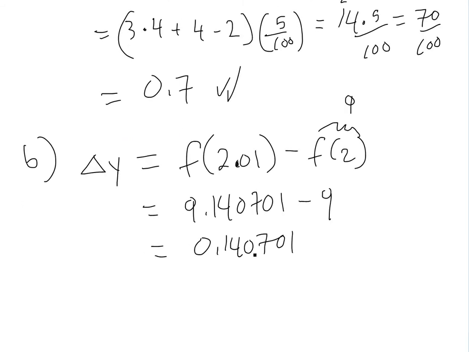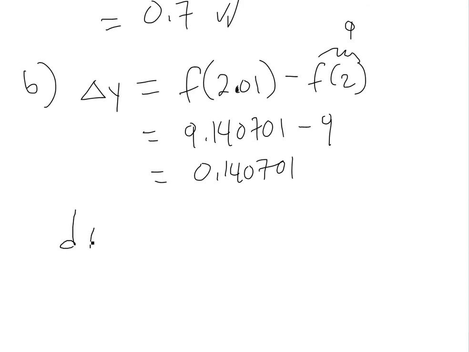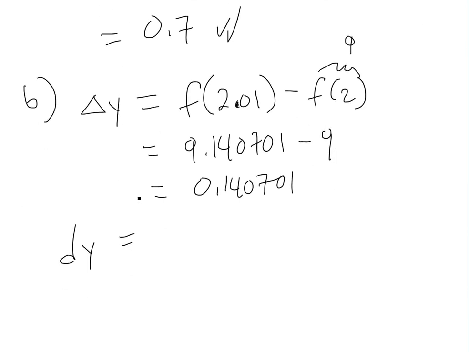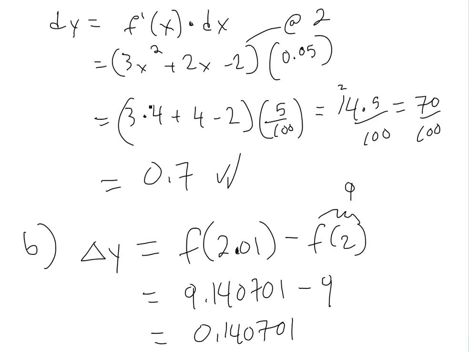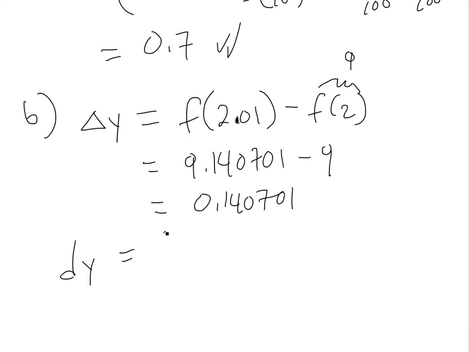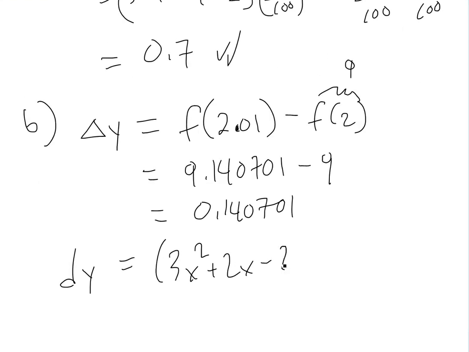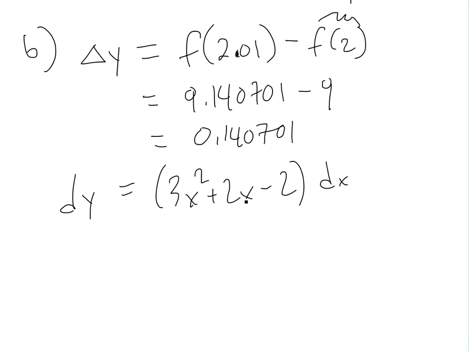Now if we look at the linear approximation, or dy again, this is the same thing as above, so we just write that same equation because we already did the derivative: 3x squared plus 2x minus 2, times dx, and in this case, dx is 0.01. Now we plug x as 2 again.